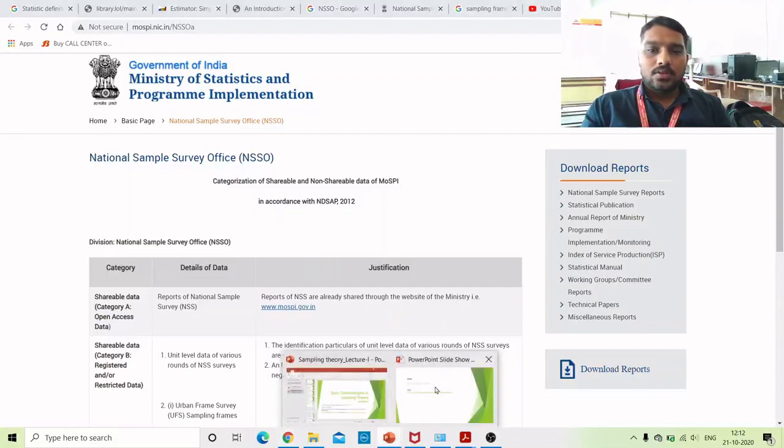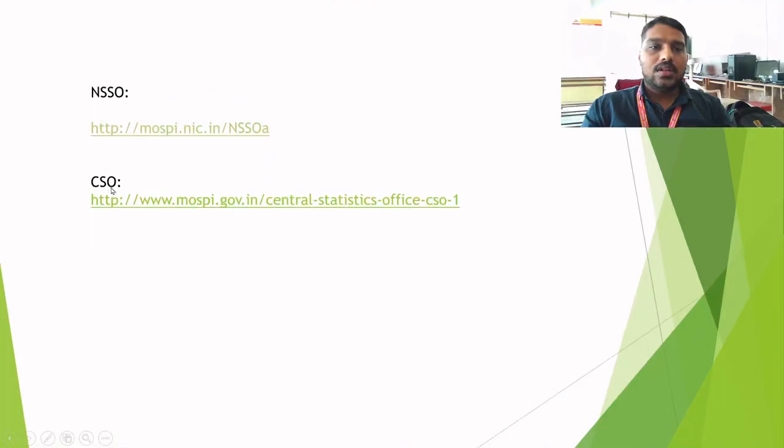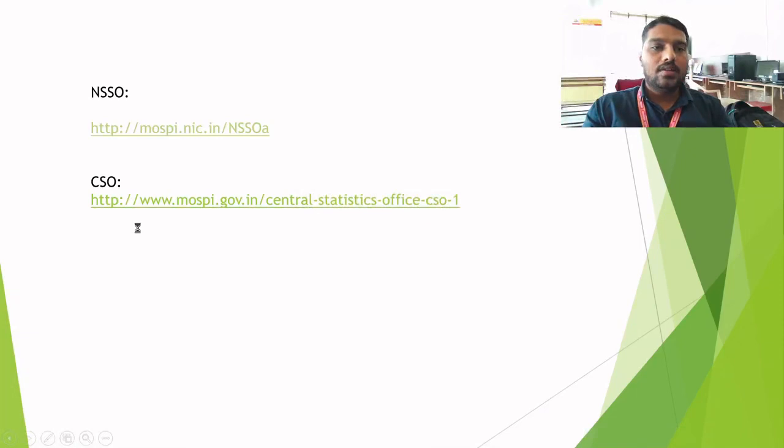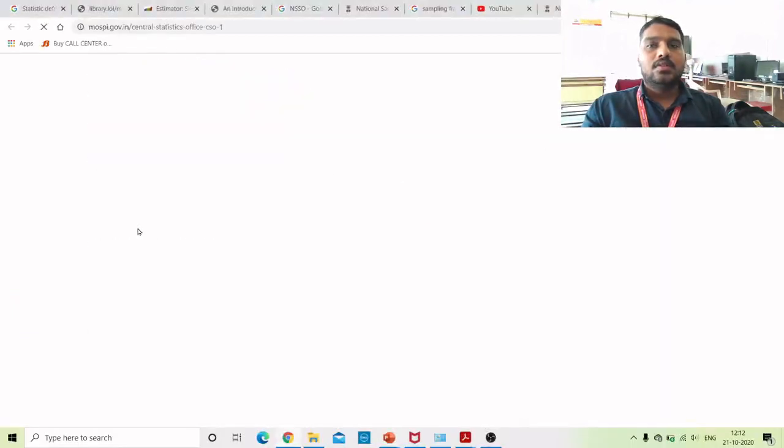Let's go to the Central Statistical Office. The Central Statistical Office is also working under the Ministry of Statistics and Program Implementation.